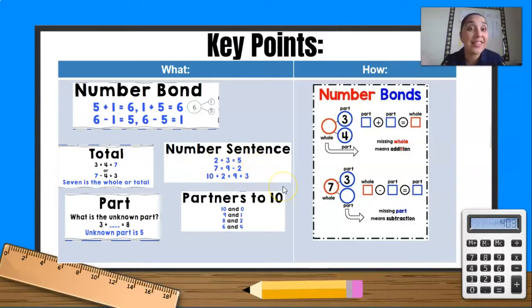Okay, and let's talk about what you do with the number bond. So, how do we do that? If we're missing the whole, that means I have to add. And I do that by adding part plus part equals the whole. Take a mental picture of that.